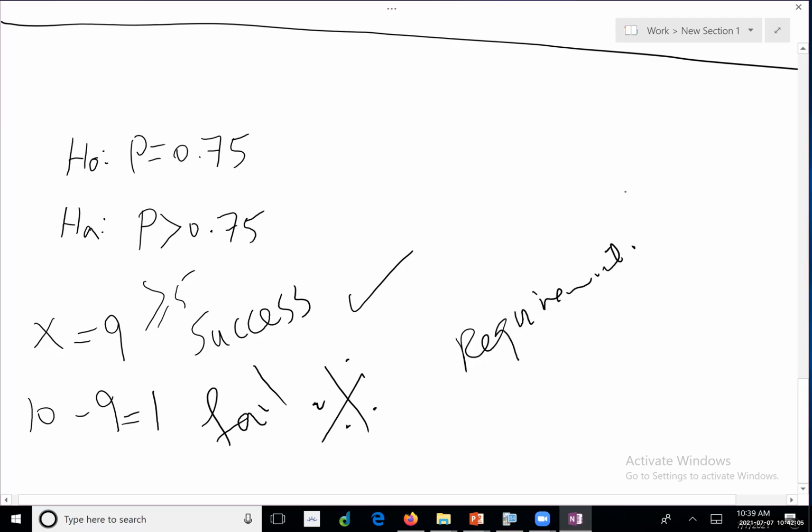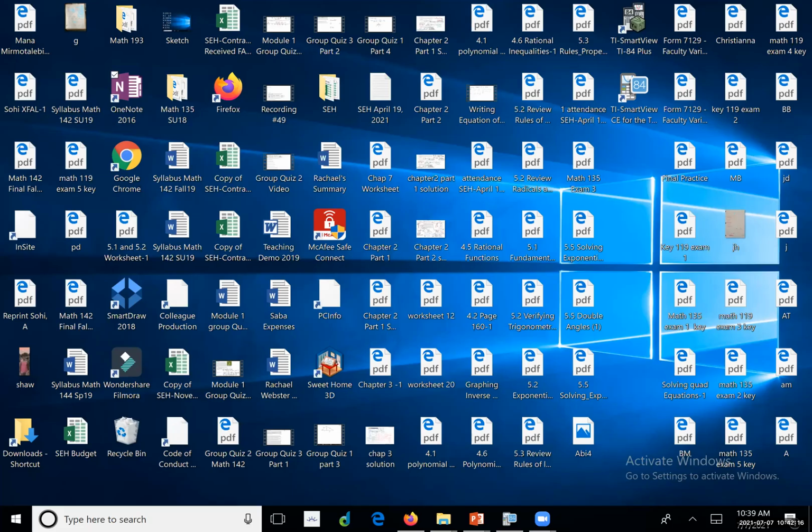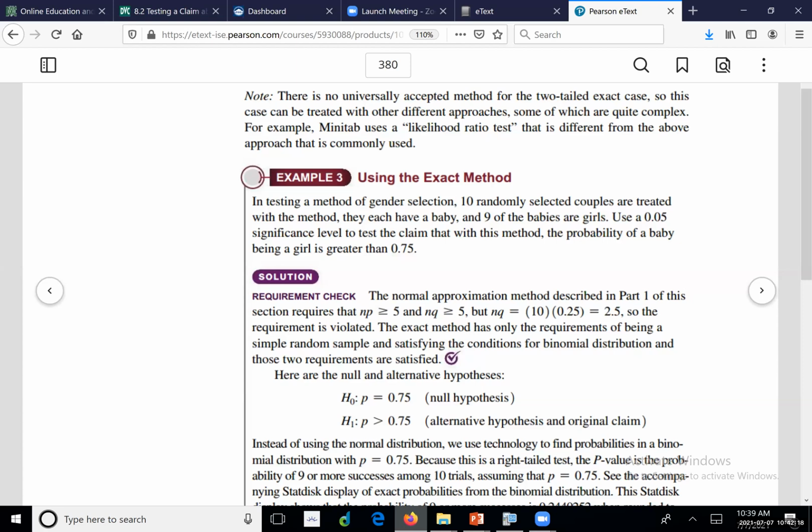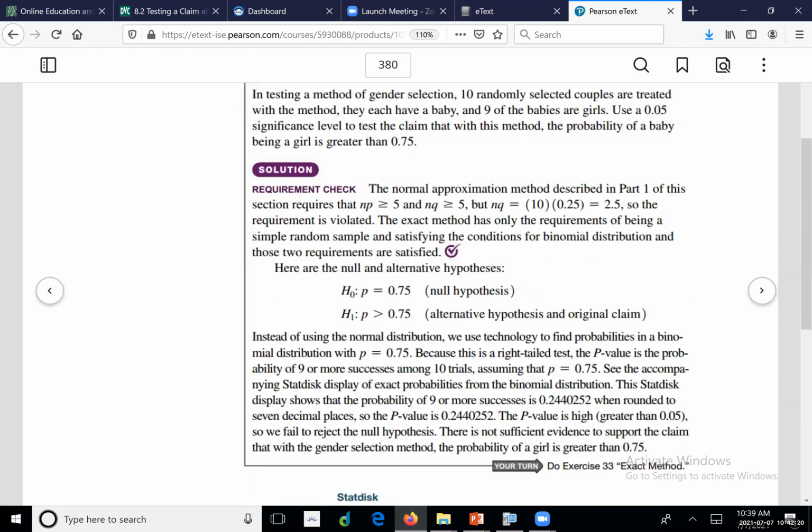If the requirement is not met, doing the rest of the problem is worthless, because the requirement of the problem is not met. So doing the rest of it would not be giving us much information.